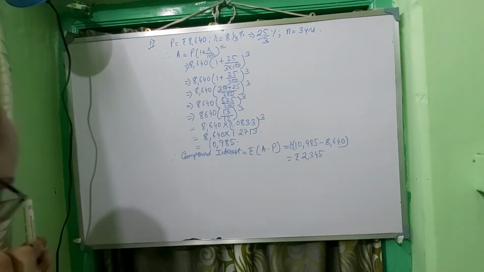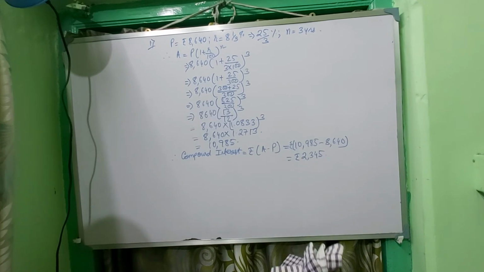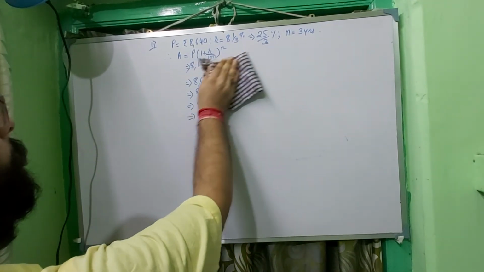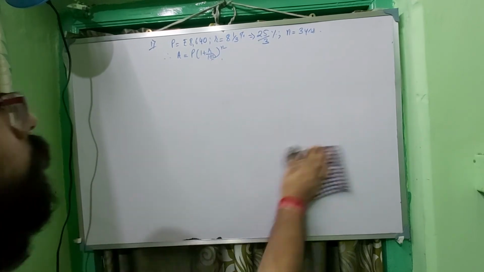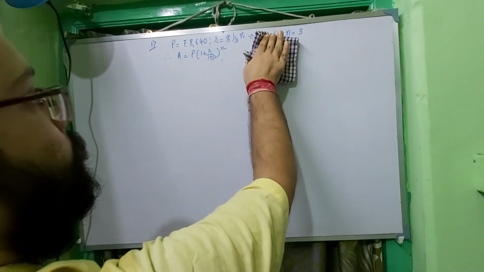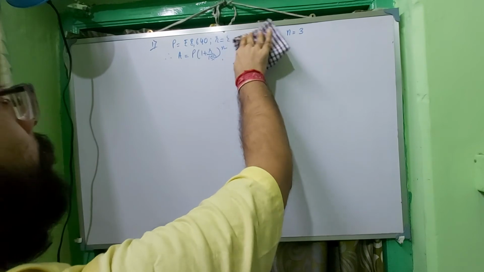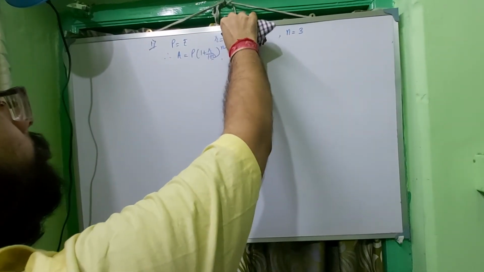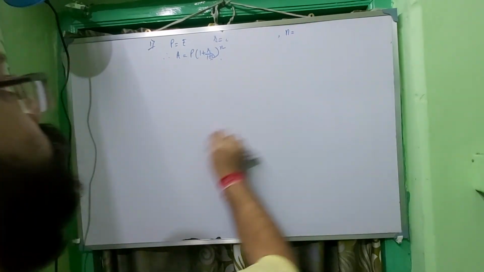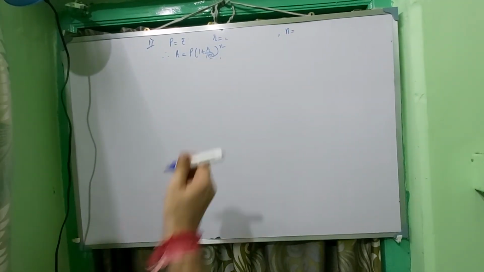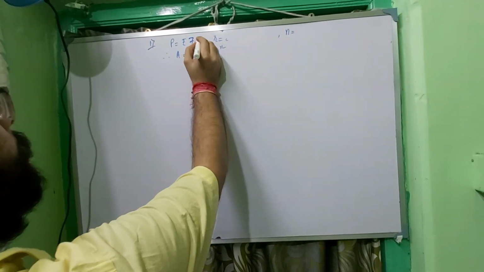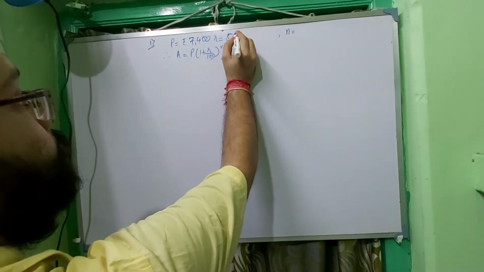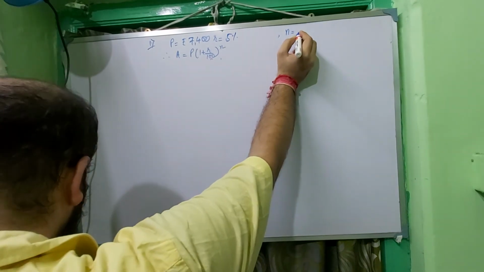Okay, so how you can do that? I am rubbing this, except the formula part and except the given part. See, P is given 7,400, R is given 5%, N is given 1 year.